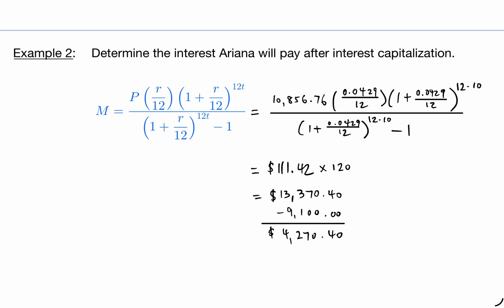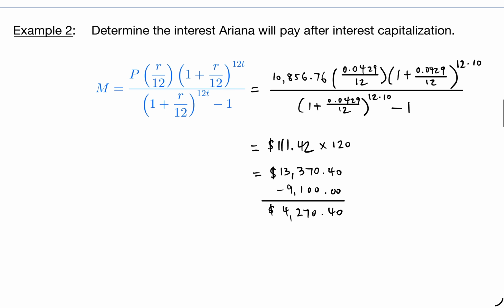And because of that, that principal amount grew to $10,856.76. And the result of both of those scenarios means that the loan of $9,100 is going to cost Ariana a total of $4,270.40, which is almost half of what she is borrowing.